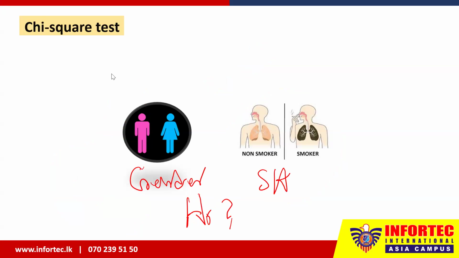Is it difficult to construct? First, you should understand what variables you are considering, and then you can construct. At least you can try. What is your null hypothesis?